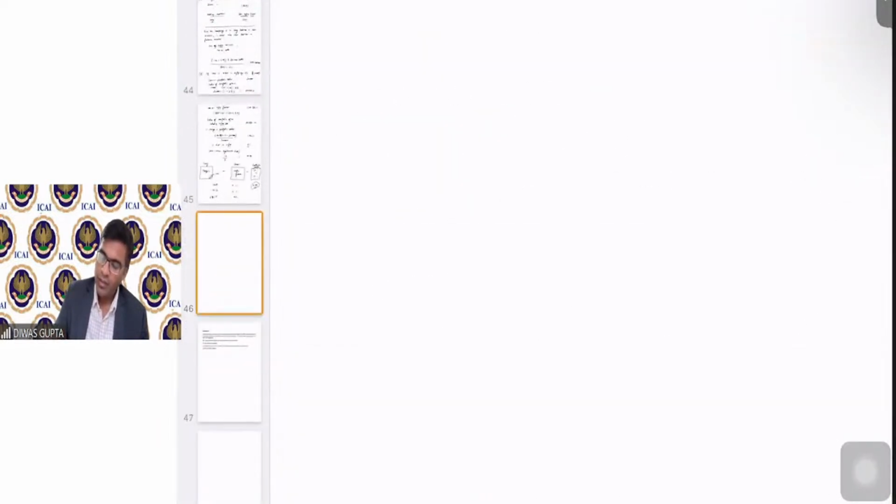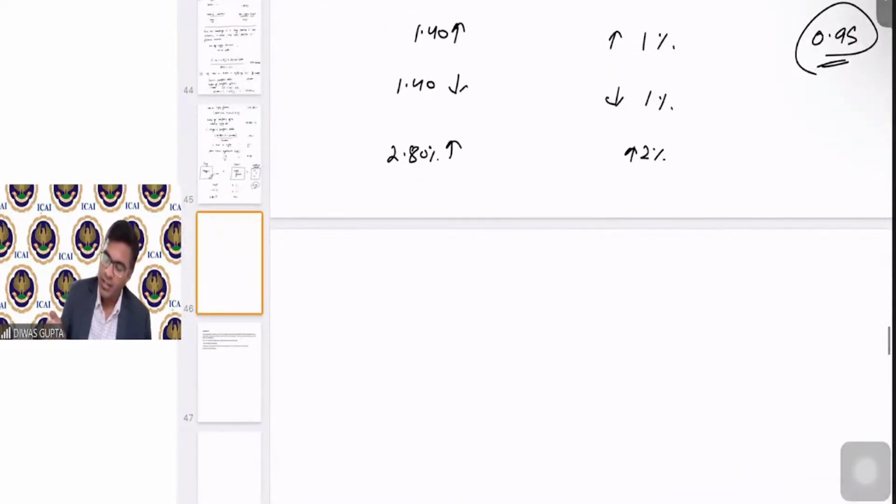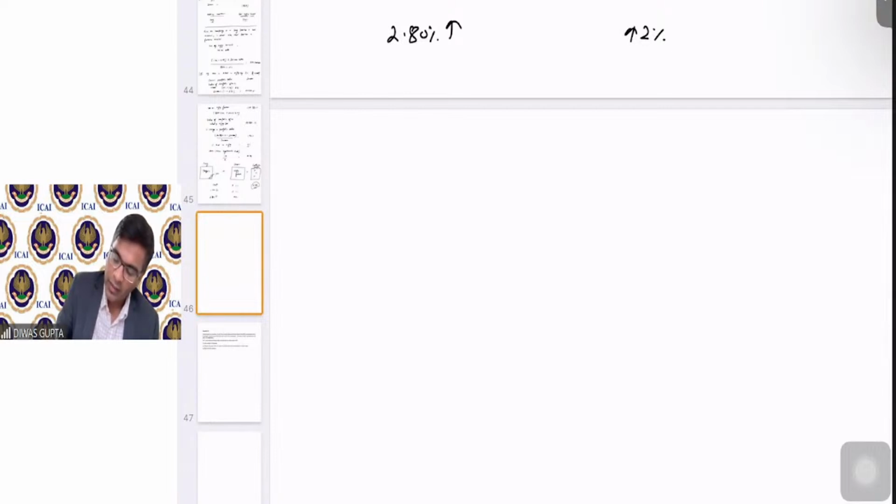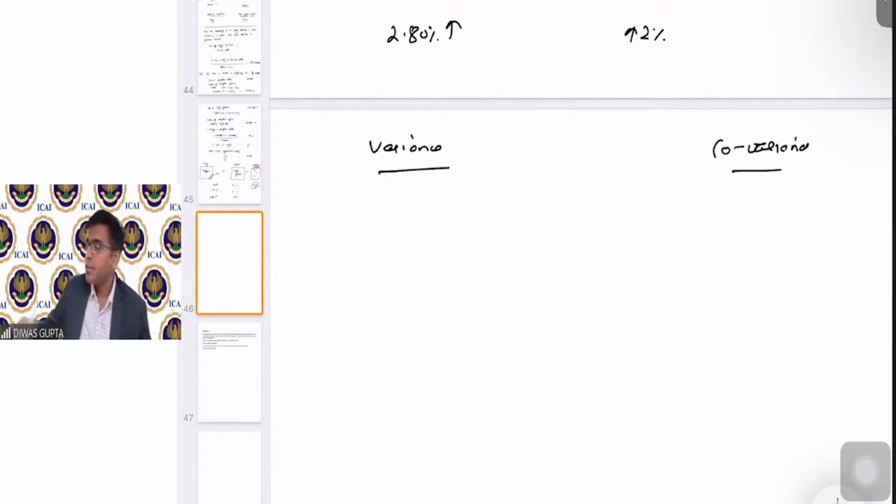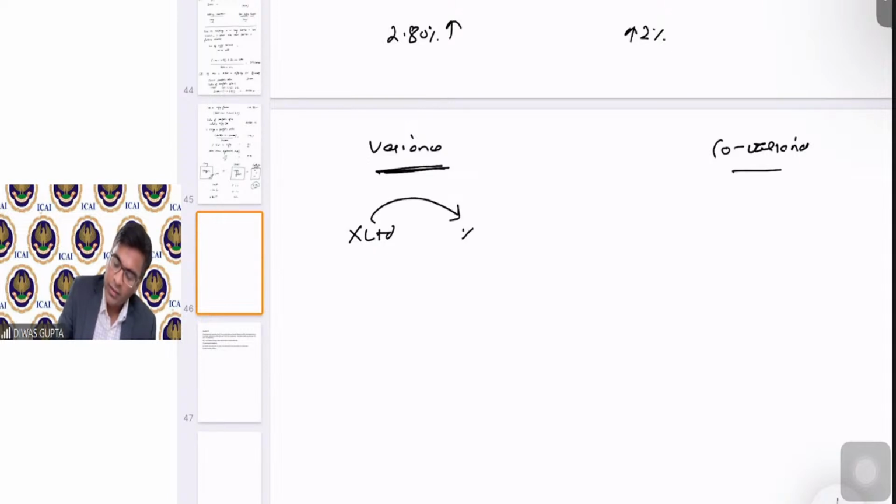Now, there was a query from Mancha also. In the previous question, she said that explain the variance and covariance. I am actually explaining it again, though we have covered it in our previous part. See, the variance and covariance. What was variance? X's deviation with X, right?